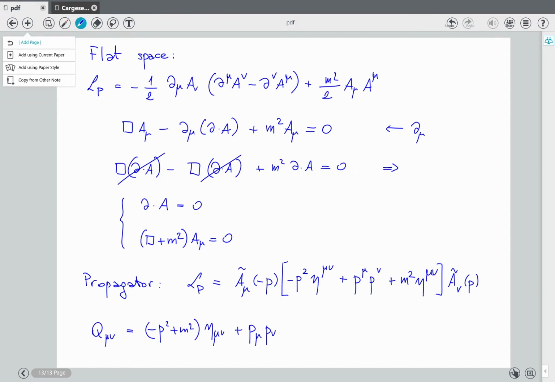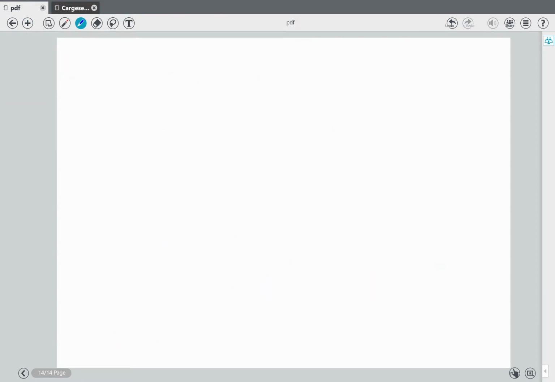What is the propagator? The propagator will be denoted like that. I write the result and then we check that it is the correct one.